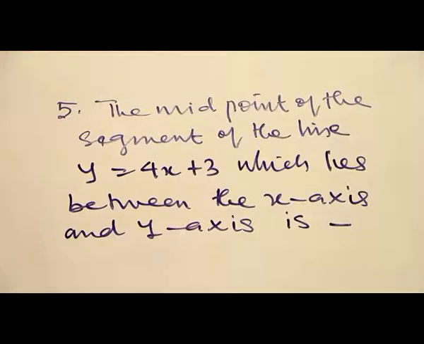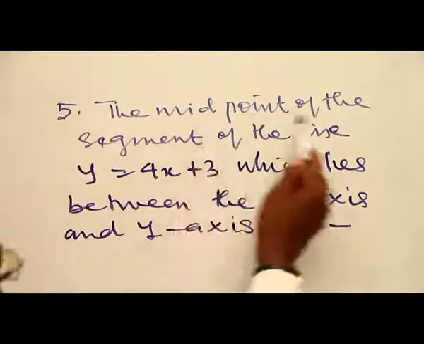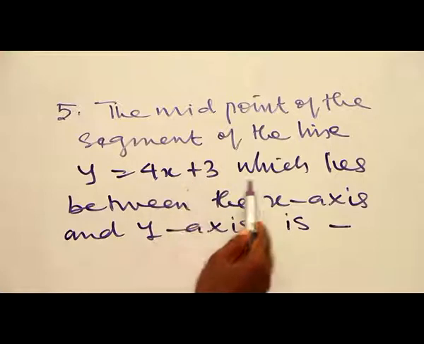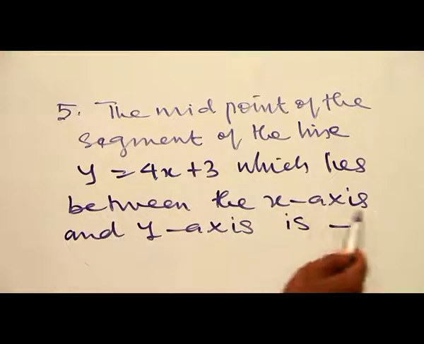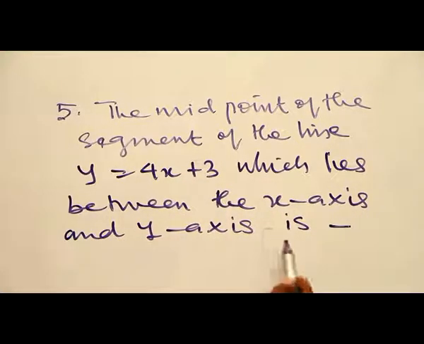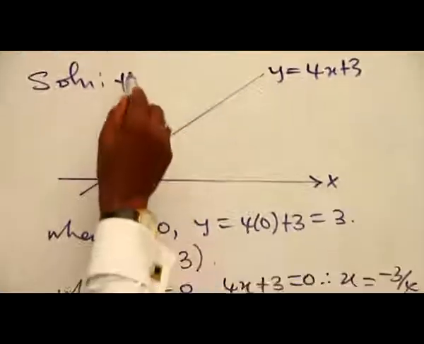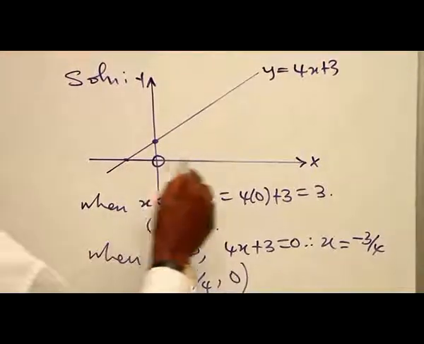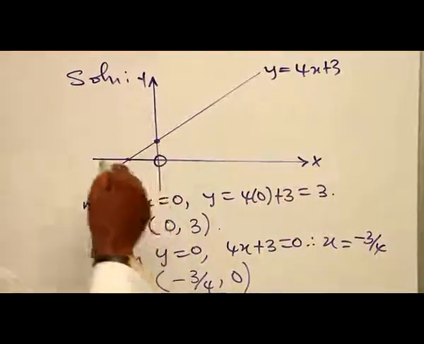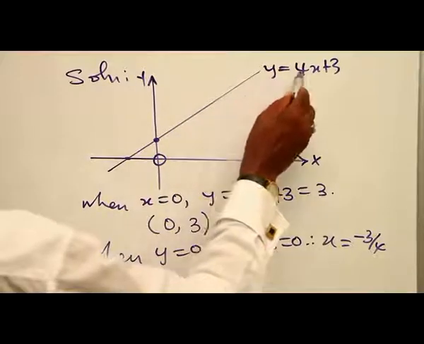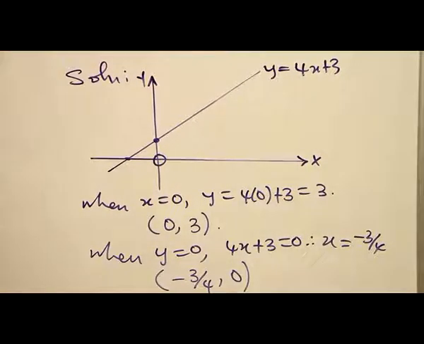Example number 5. The midpoint of the segment of the line y equal to 4x plus 3, which lies between the x-axis and y-axis, is dash. Now our solution, we have the coordinate axes, x and y axes. This is the line of y equal to 4x plus 3.